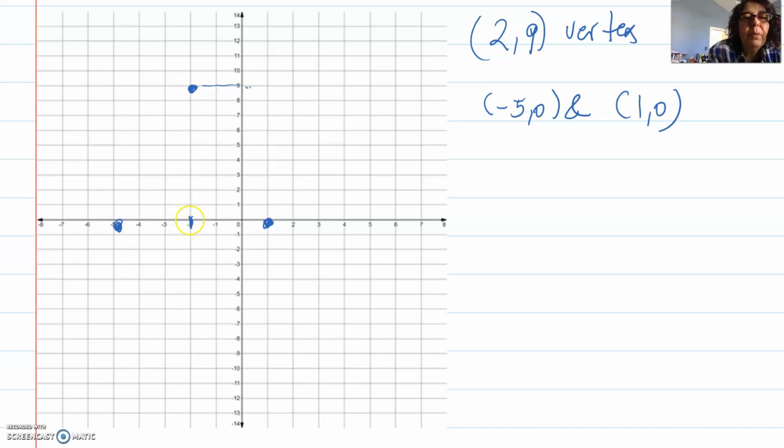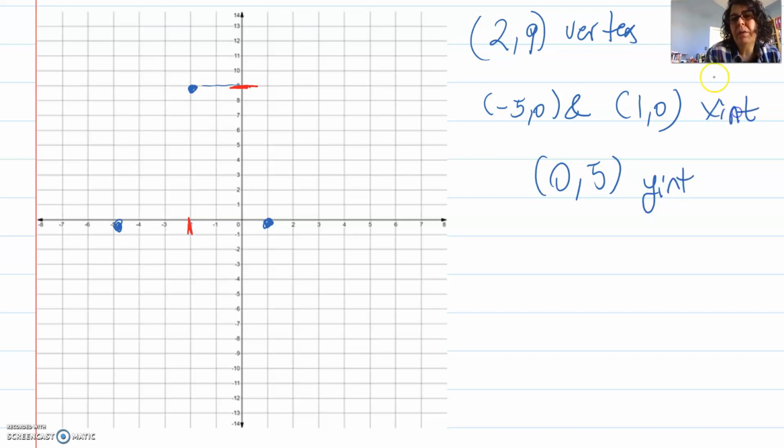So this is not a point actually, this is just there to show my vertex and coordinate values. Okay. And then we also had a y-intercept which is 0, 5. That was x-int. Okay, so 0, 5, that's here.